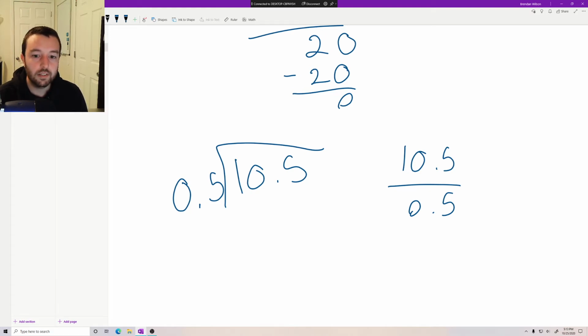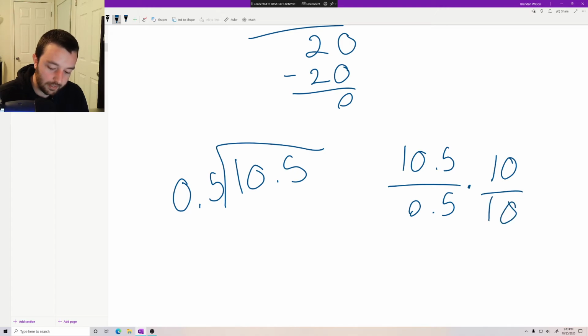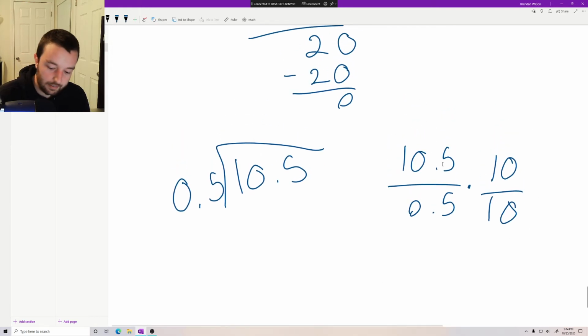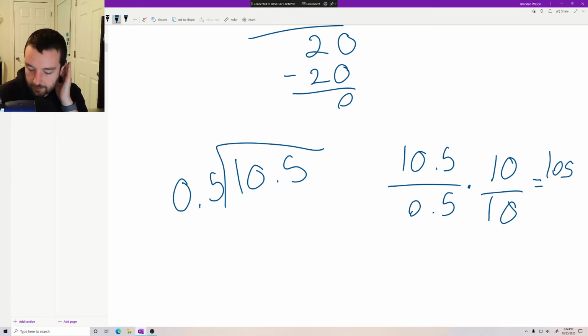So whatever this quantity is, if we want to, we can just go ahead and multiply by 10 divided by 10. This doesn't change what number this is because 10 divided by 10 is just 1, so we're really multiplying by 1. But this has the advantage that if we multiply by 10 on the top, that's going to move the decimal over 1. And if we multiply by 10 on the bottom, that's going to move the decimal over 1.